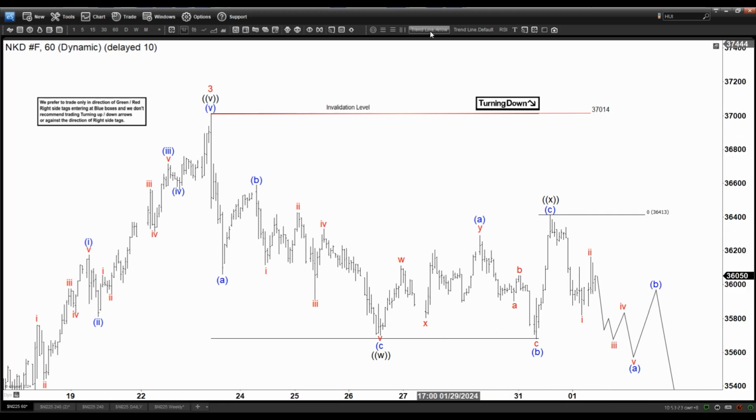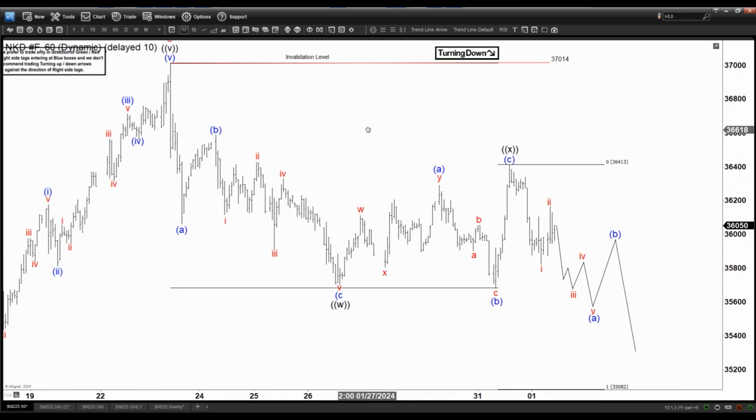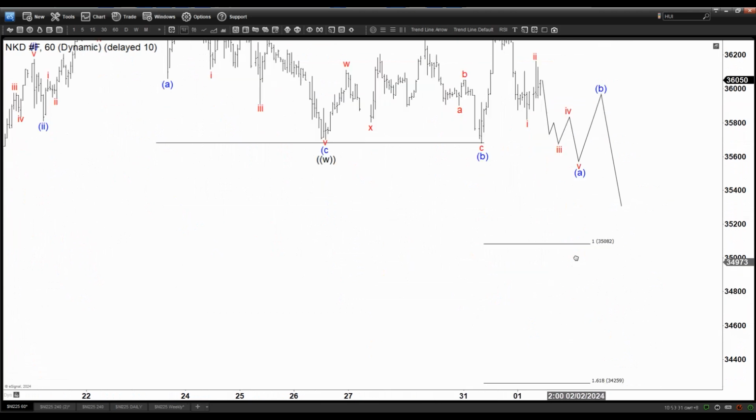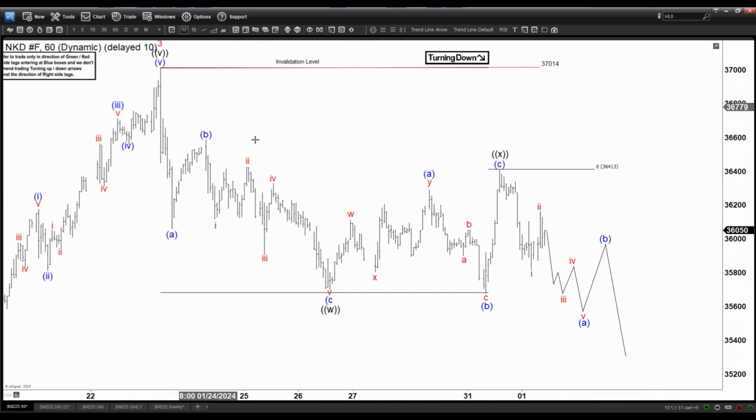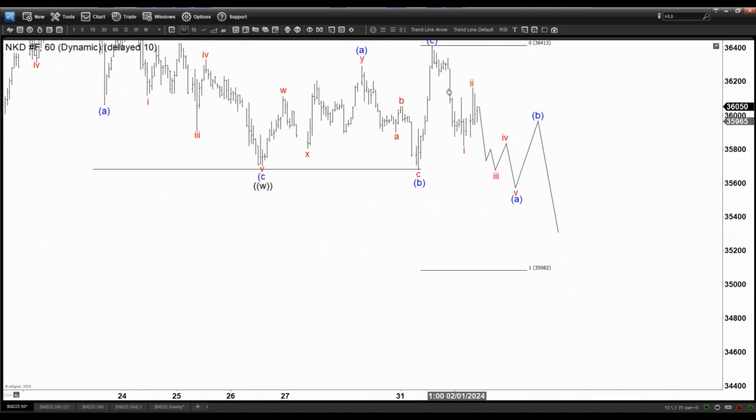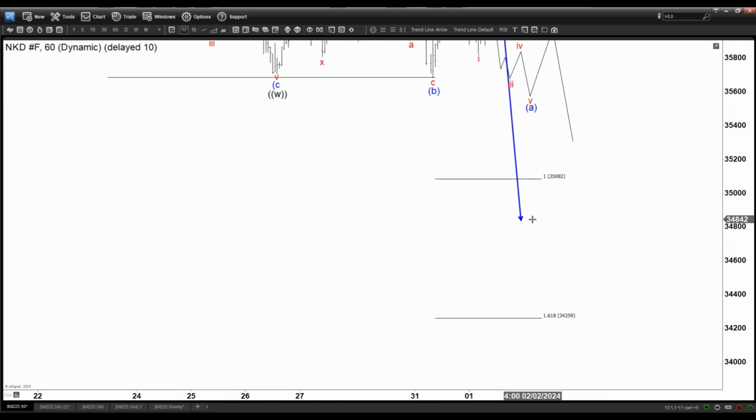If you agree that this leg here is better counted as a correction, then most likely if it reaches here, you're going to get some sort of support, because as long as this is not an impulse, it has less risk of developing into a wave 3 and breaking below 1.618, right?